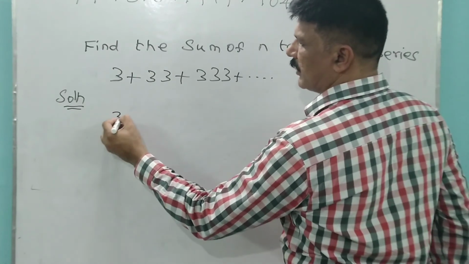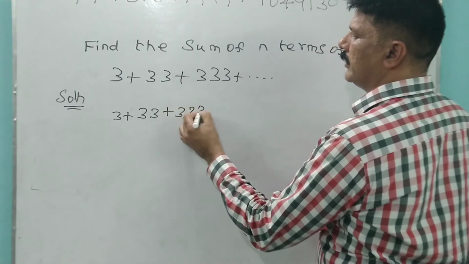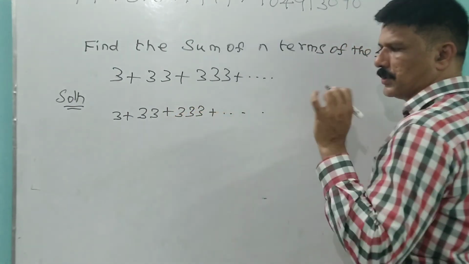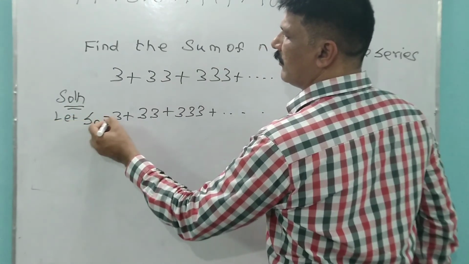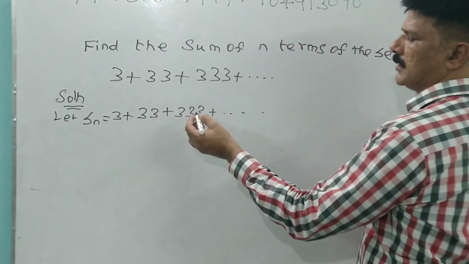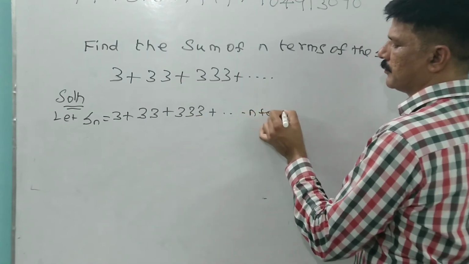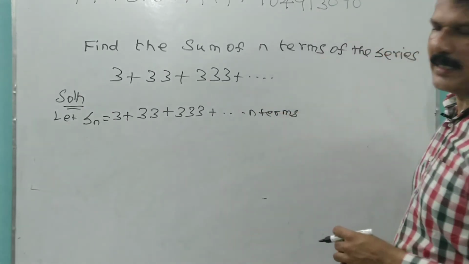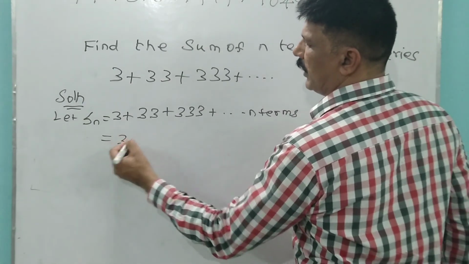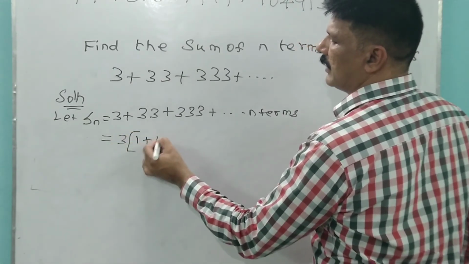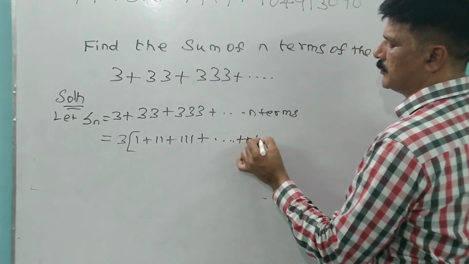Given series is 3 plus 33 plus 333 plus etc. So let Sn equal 3 plus 33 plus 333 plus etc., up to n terms. Then we take 3 as common: 3 into 1 plus 11 plus 111 plus etc., plus n terms.